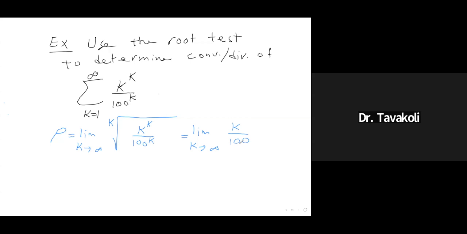When k tends to infinity, infinity over 100 is still infinity. Infinity is not a number, but obviously it is something more than 1, right? It's not a number, but still it's more than 1. So therefore, by using the root test, if rho is more than 1, the series is divergent.